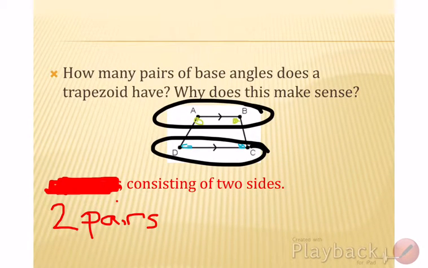How many pairs of base angles does a trapezoid have? Why would this make sense? There are two pairs, each consisting of two angles. So one pair would be on AB and the other on DC.